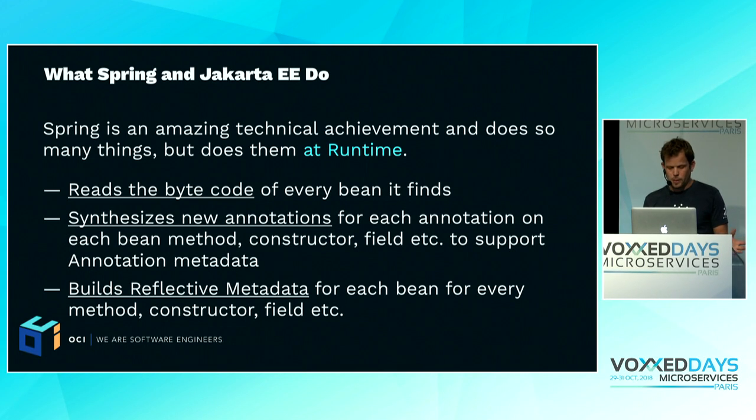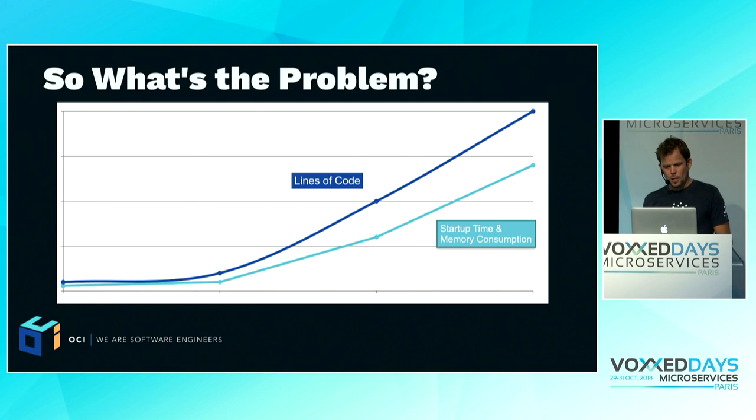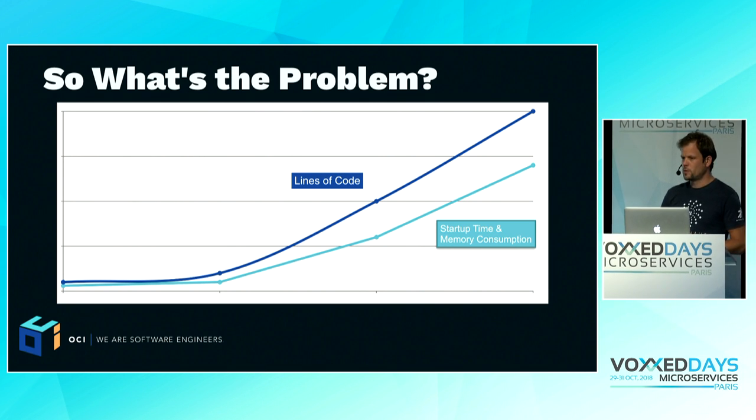It also builds reflective metadata. So for every single bean, injection point, etc. in your code base, it builds this reflective data. And the problem with this approach is that as your application grows in size, there's a correlation between the size of your code base, the number of beans that you have in your application, and the memory consumption and startup time.